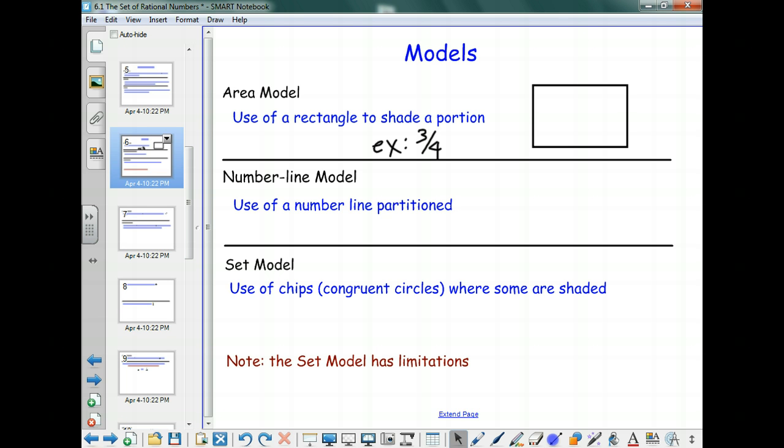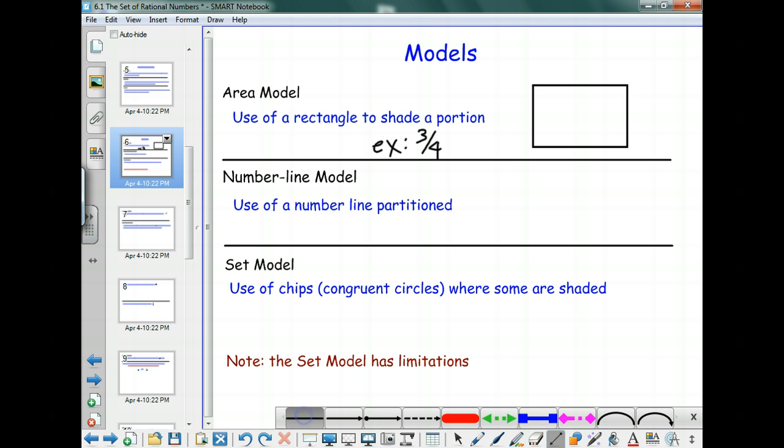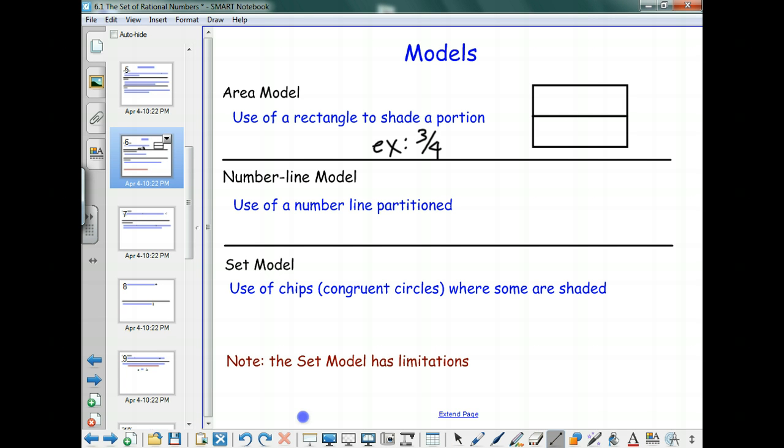You could use an area model, you could use a circle. It didn't have to be a rectangle, but rectangles are typically a little easier to work with, especially the more complicated your fraction is. So 3/4 works pretty nicely. We're going to take a box and divide it into how many pieces? 4, and we can do that pretty well because we can half it twice, right? And then how many are we going to shade in? 3.